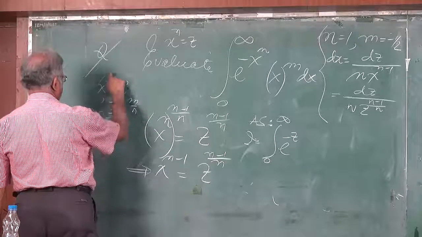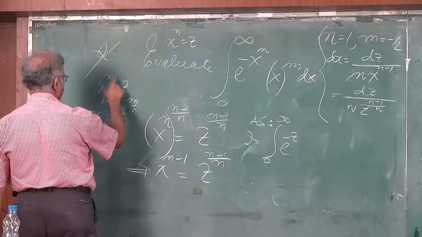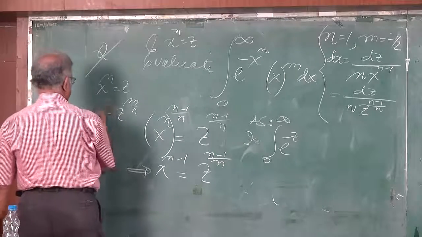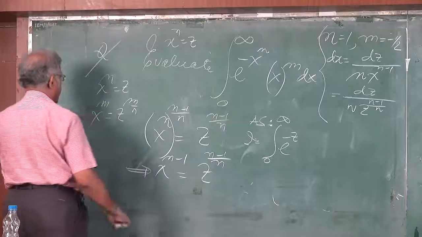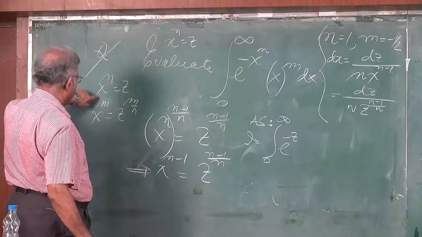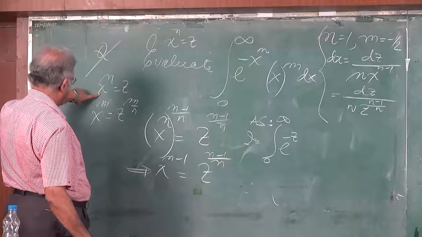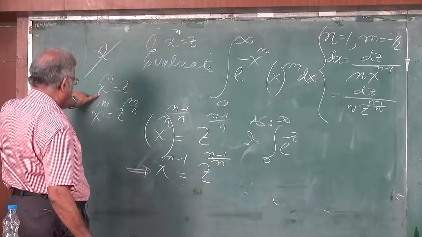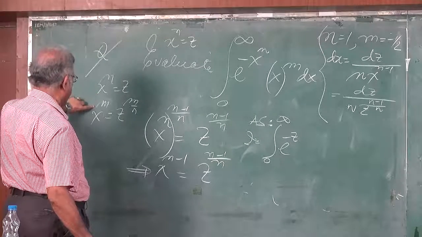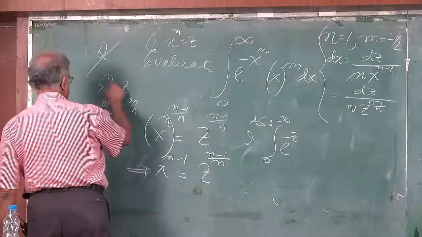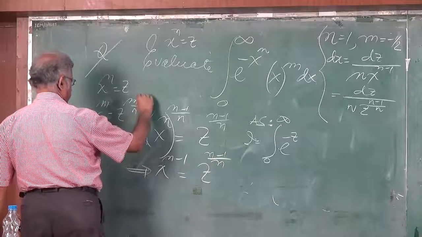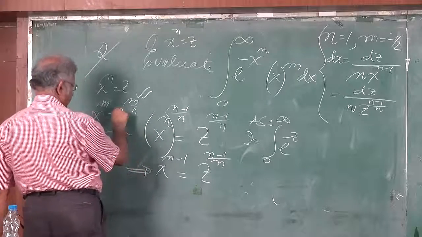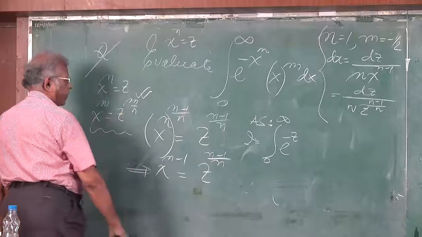In other words, if I raise this to the power of m by n, I will get x to the power of m. We got x to the power of m though. That means this m by n. Yes, it's all right. It's perfectly all right. X to the power of n is z to the power of m by n.